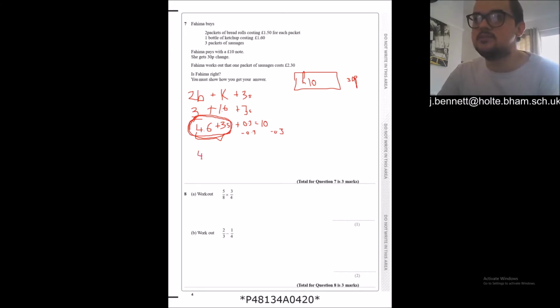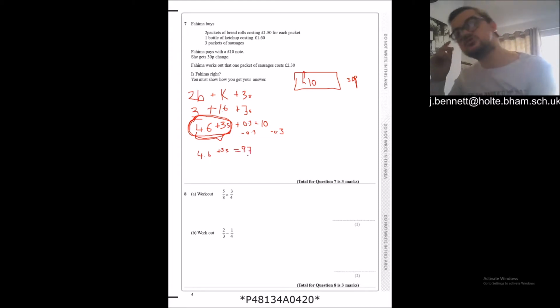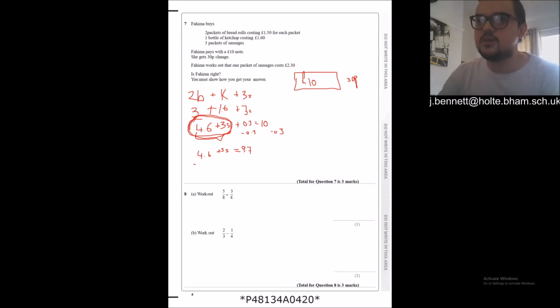So we're going to put that down. So 4.6 plus 3 packs of sausages equals £9.70. We're going to just solve for s, and we're going to see if our value of s is £2.30. So first thing we're going to do, we're going to subtract 4.6 from both sides.